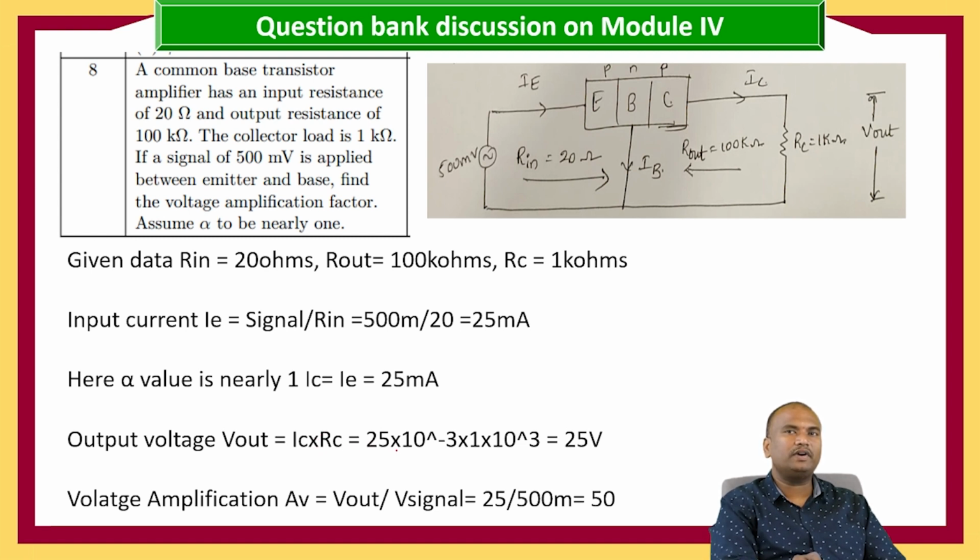Here 25 into 10 to the power of minus 3 into 1 into 10 to the power of 3, which is equal to 25 volts. Now the voltage amplification factor AV is equal to V output by V signal, which is equal to 25 by 500 millivolts, which is equal to 50. This is the voltage amplification factor.